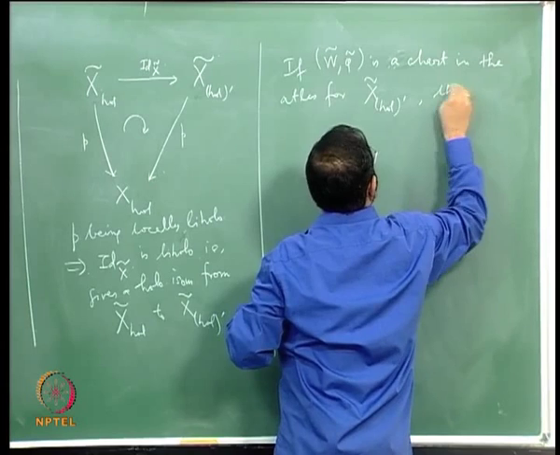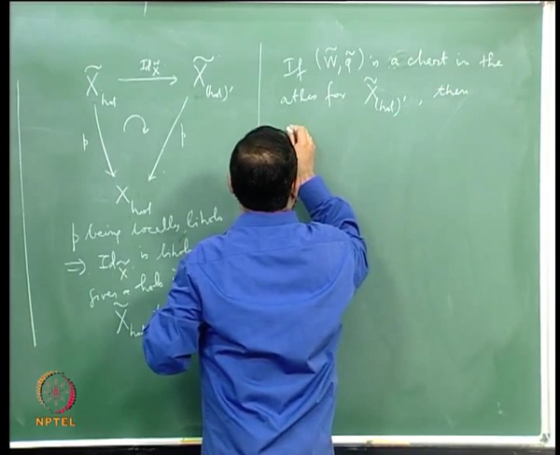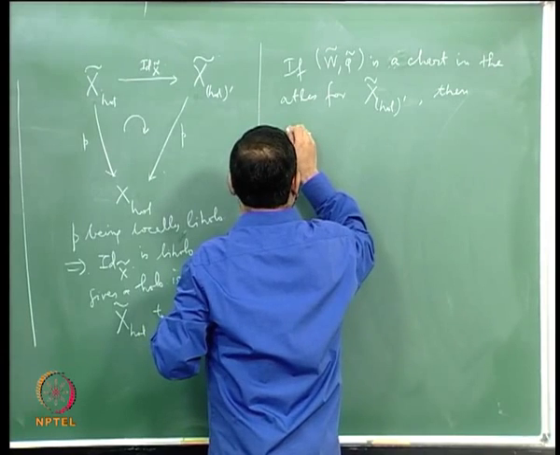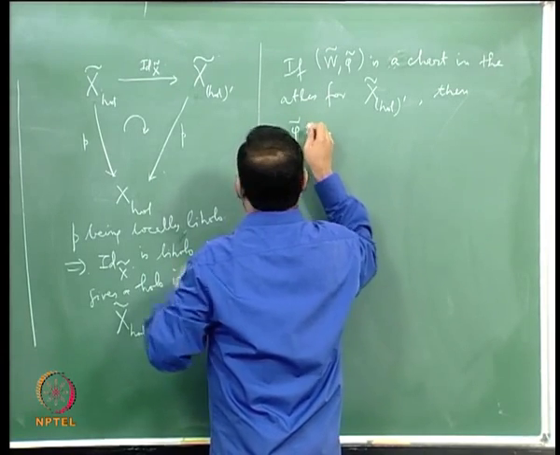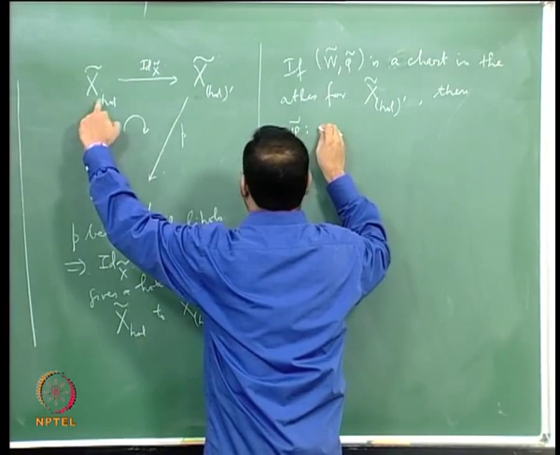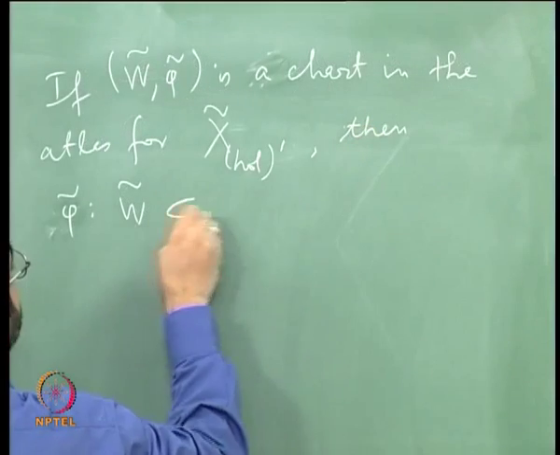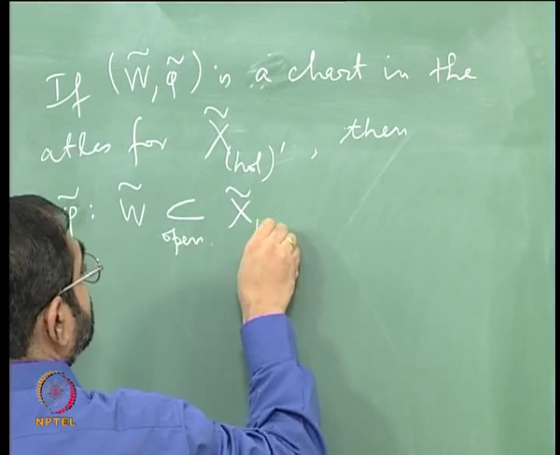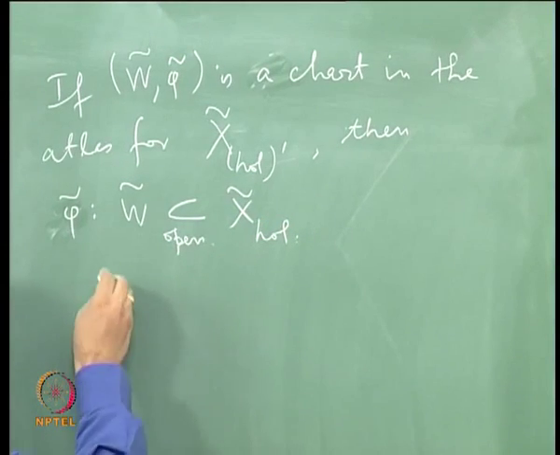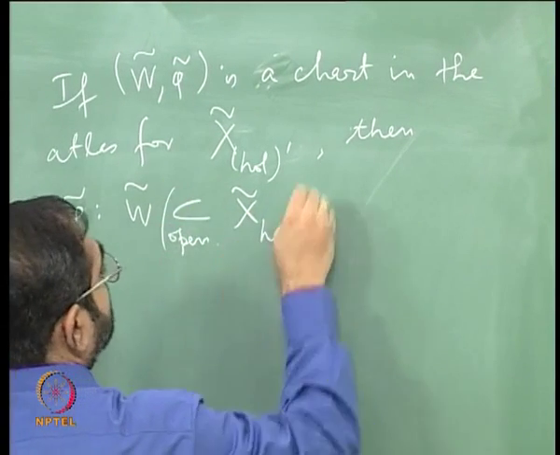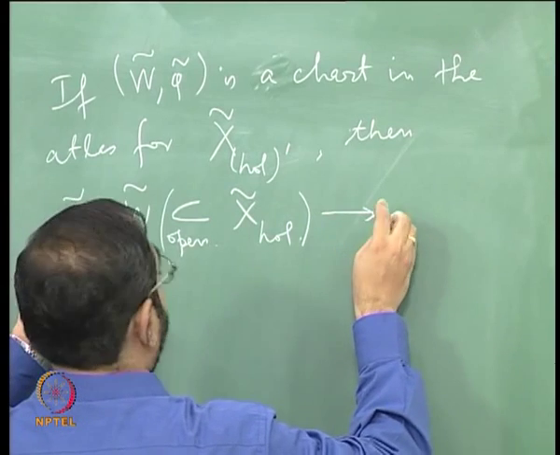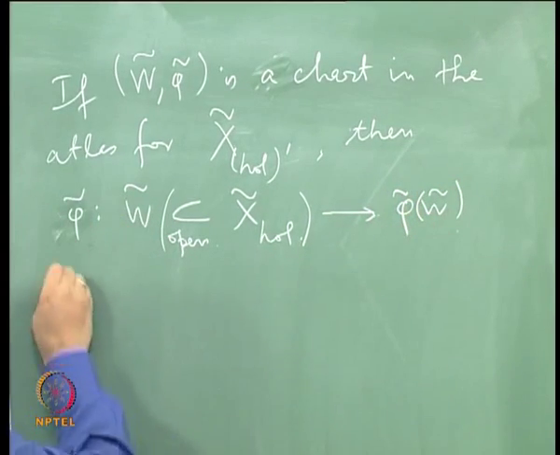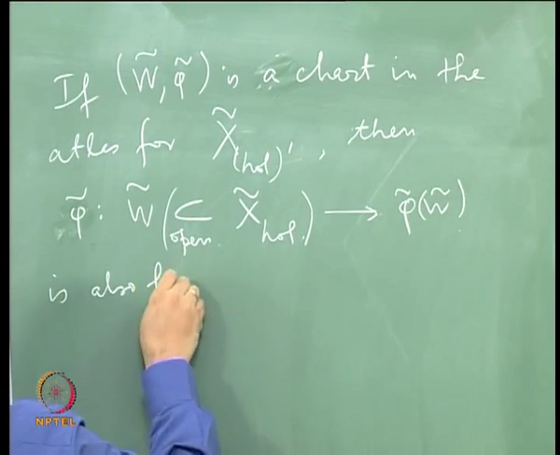Then phi tilde, considered as a map from W tilde, as an open subset of X tilde whole, to phi tilde of W tilde, is also holomorphic.